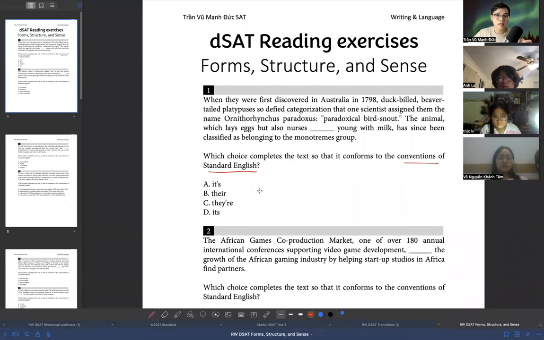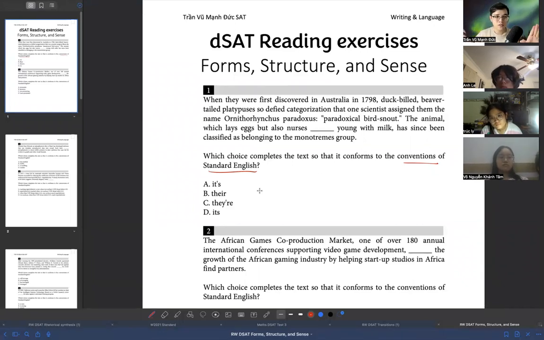The animal, which lays eggs but also nurses its young with milk, has since been classified as belonging to the monotremes group. So there's a lot of scientific jargon right here, and I don't fully understand it.